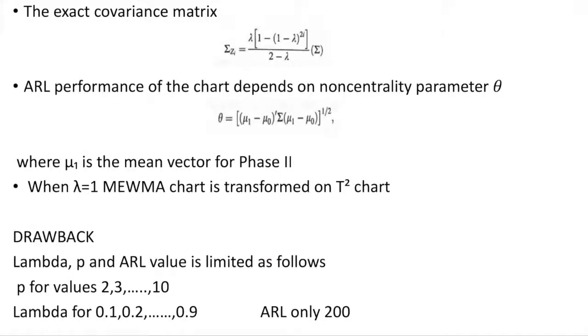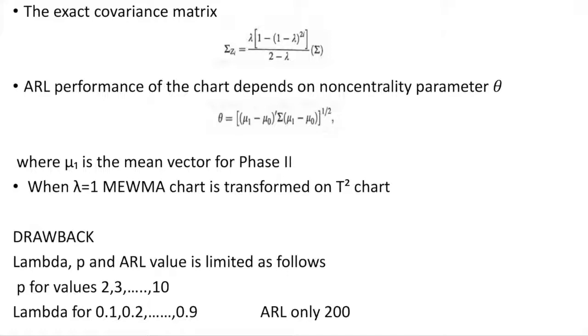The exact covariance matrix is given by this equation, and the ARL performance of the chart depends only on the non-centrality parameter theta, which is given as this, where mu1 is the mean vector for phase 2. When the value of lambda becomes 1, this chart gets transformed into the t square chart.